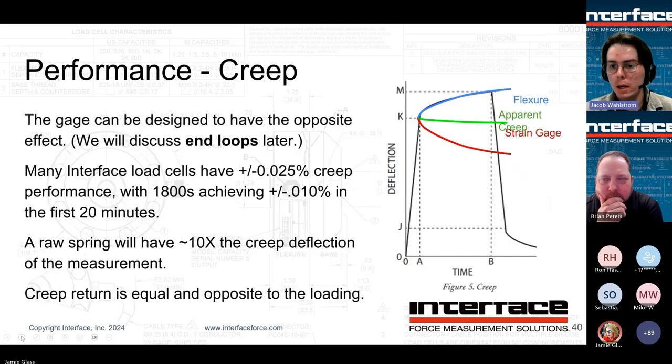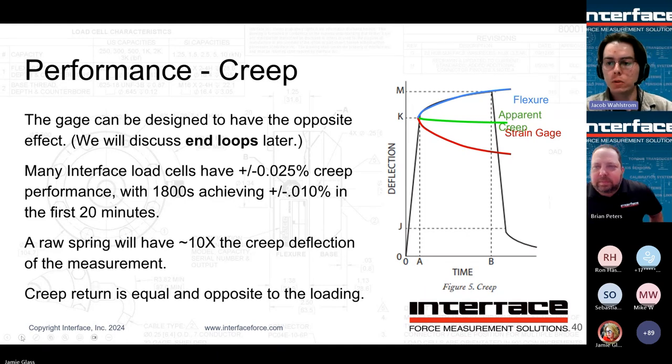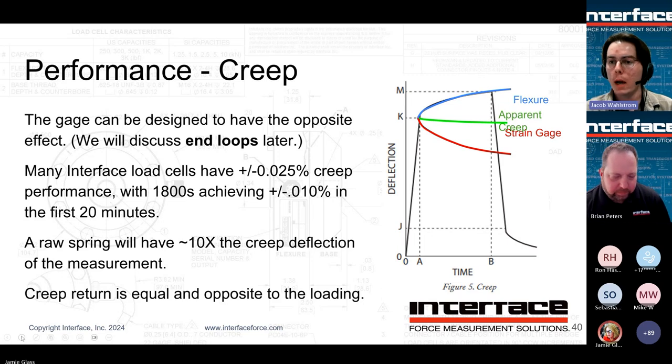So that graph on the right does a pretty good job. Every spring or flexure or element, depending what you're calling it, the metal that you're bonding your strain gauge to is going to have a positive creep characteristic. And basically, the strain gauges can be designed in a way to counteract that.